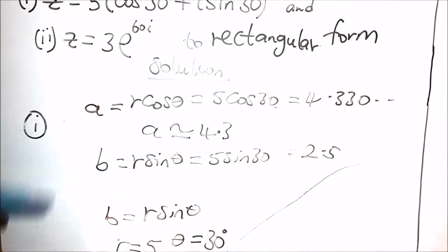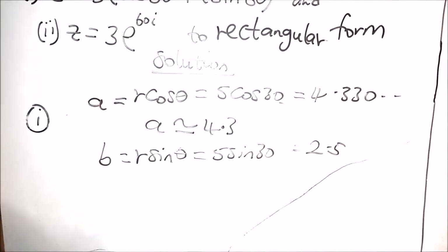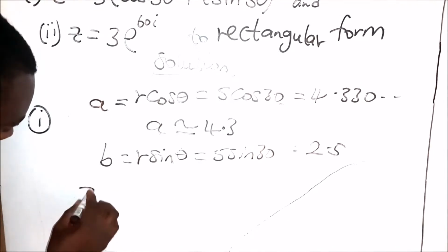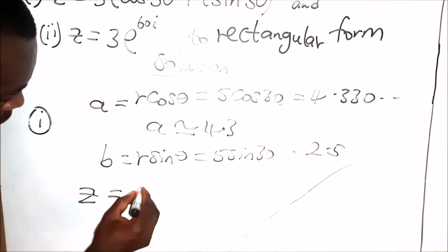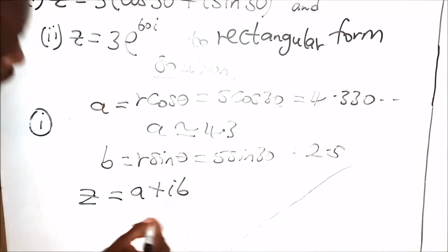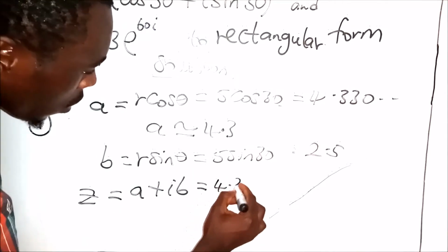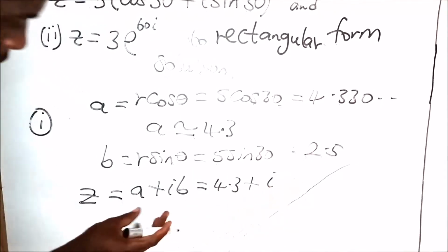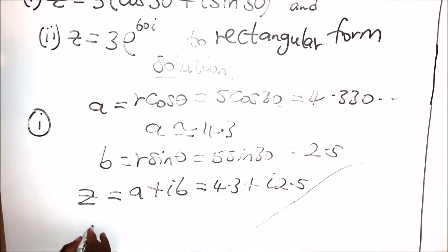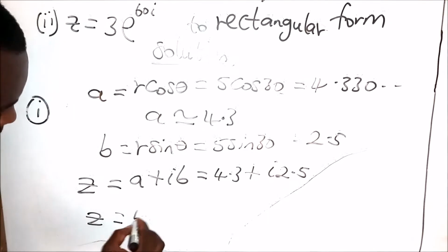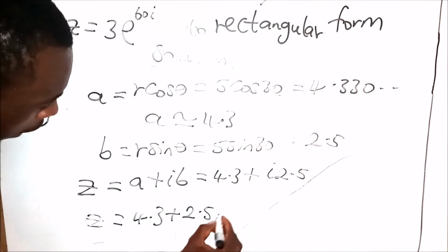Now, since we have that our a is 4.3 and our b is 2.5, our answer, which is the complex number in rectangular form, since it is a plus ib, is now going to be 4.3 plus i 2.5. So we can say that our z is equal to 4.3 plus 2.5i.